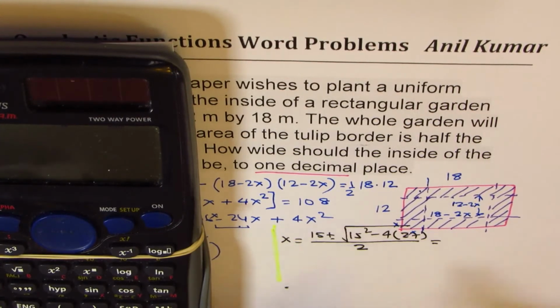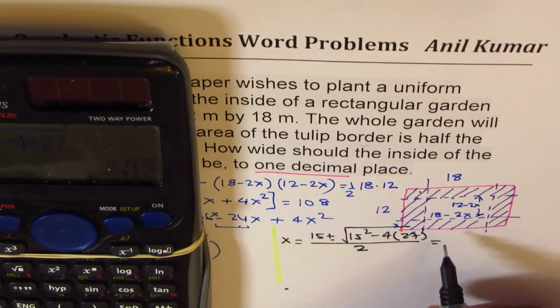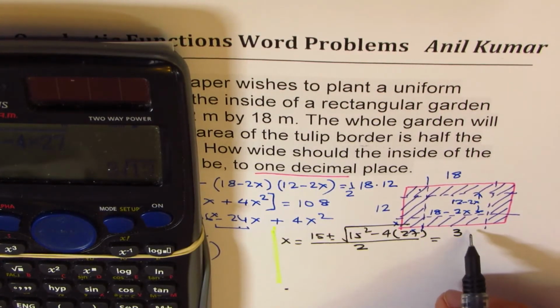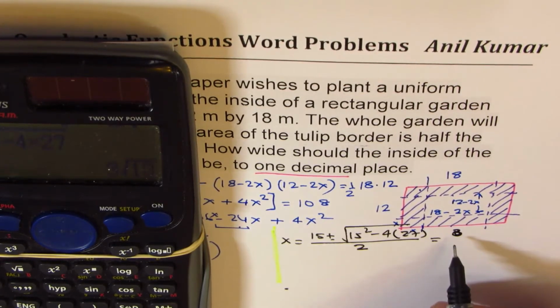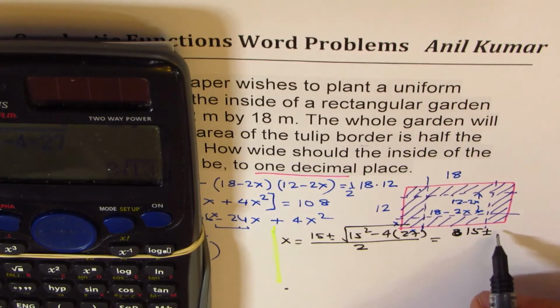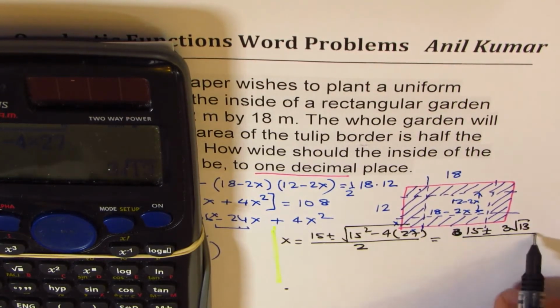So within square root, we have 15 square minus 4 times 27. This is 3 square root 13. Let's rewrite as 15 plus minus 3 square root 13 divided by 2.